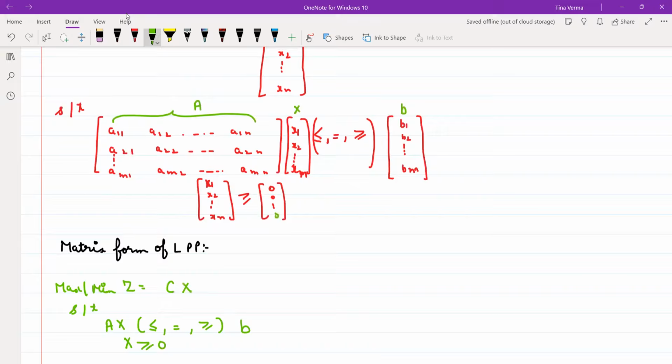So this is nothing but the matrix form of your linear programming problem. Up to here, this is how we can write the LPP. Is it clear? Right? The general notation I have already told you, when we have n variables, then we have come to the matrix form.